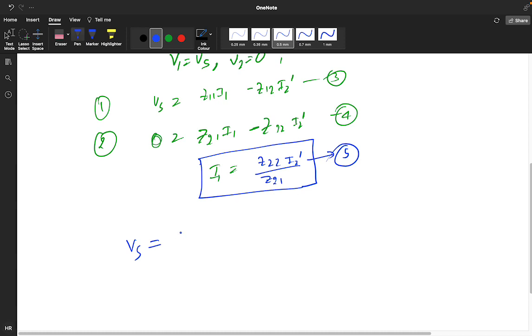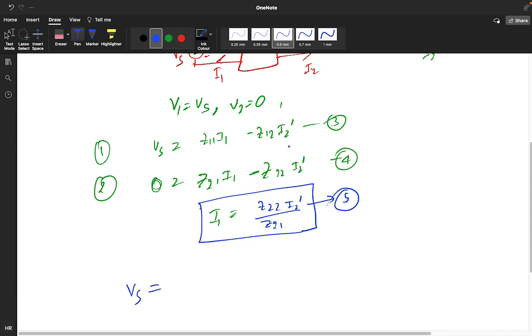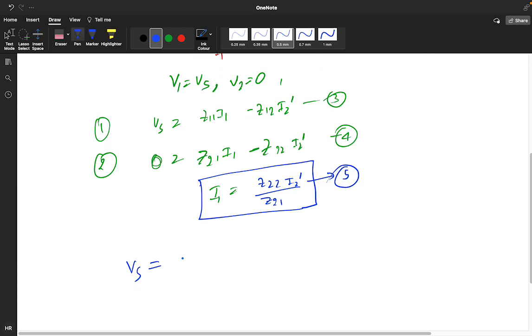What we get is Z11 Z22 divided by Z21 I2 dash minus Z12 I2 dash.